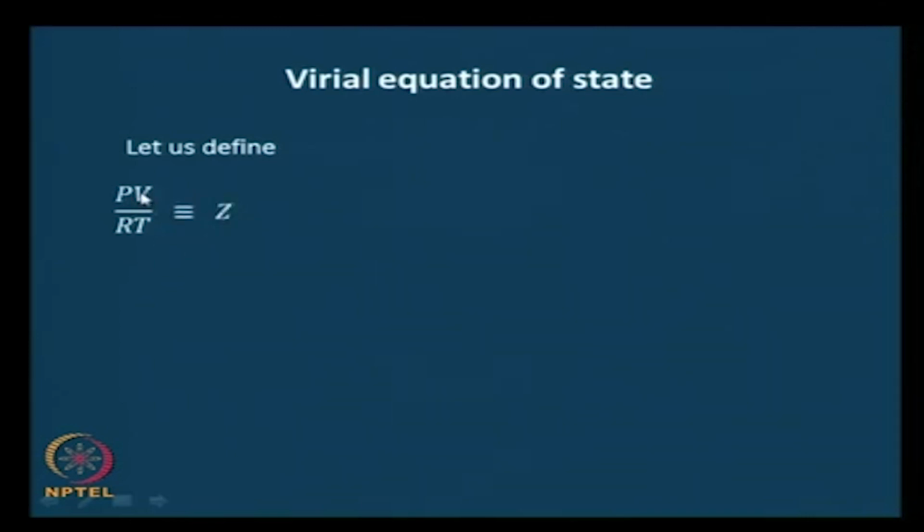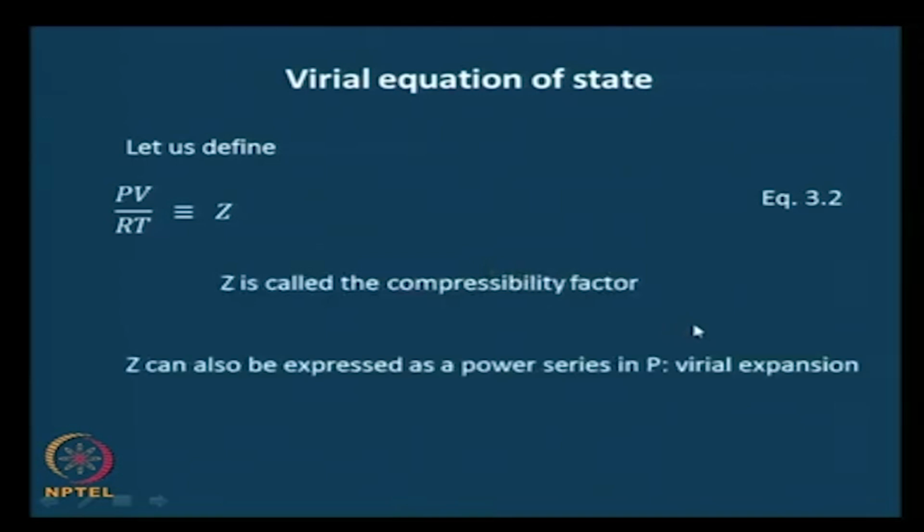Compressibility factor is nothing but PV by RT, and the Z is the one that is expressed in terms of a power series in P, and that is called a virial expansion. For example, Z equals 1 plus B2 P plus B3 P squared plus B4 P cubed plus B5 P power 4 and so on. This is a virial expansion in pressure for the gas.